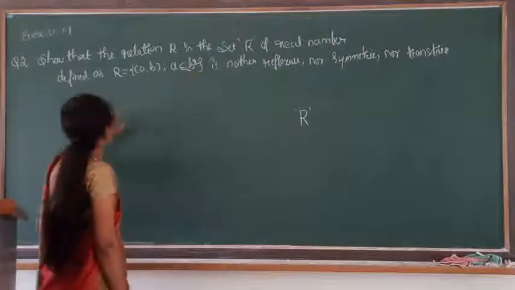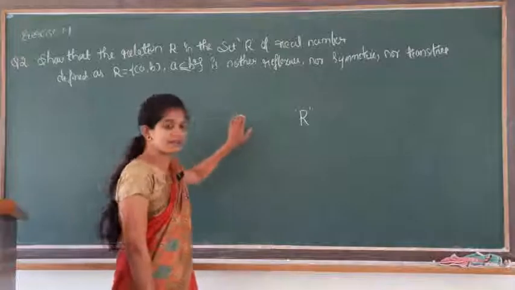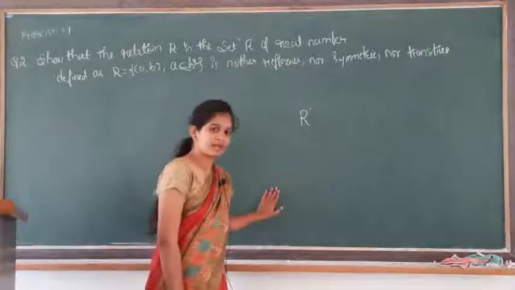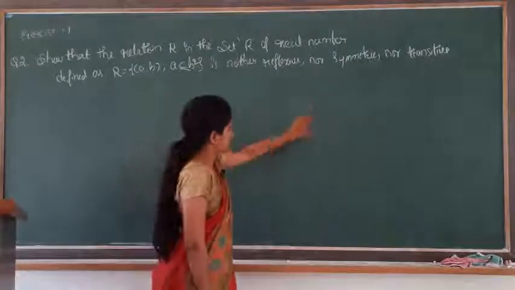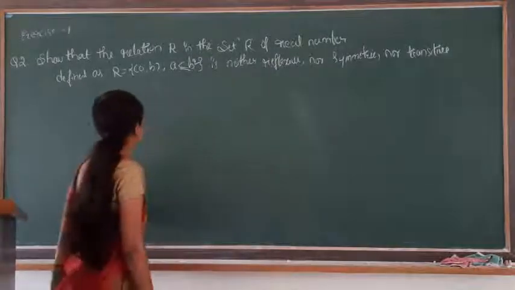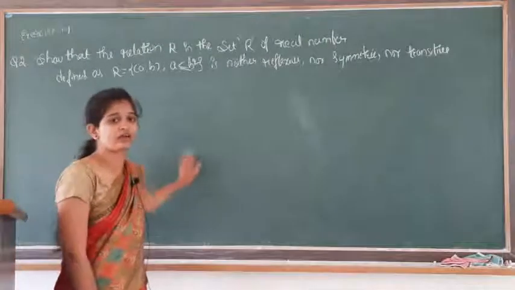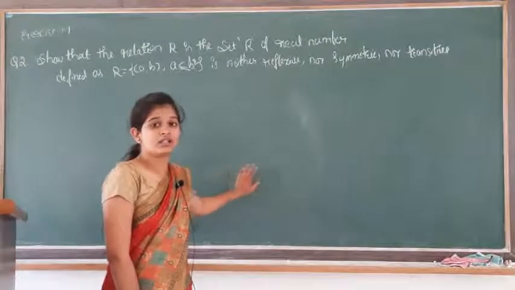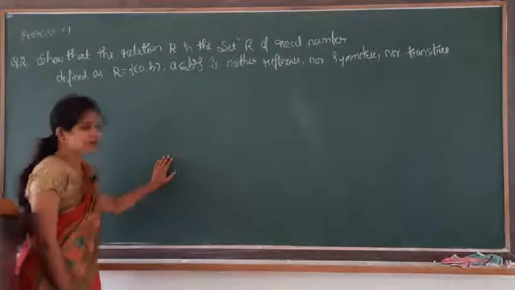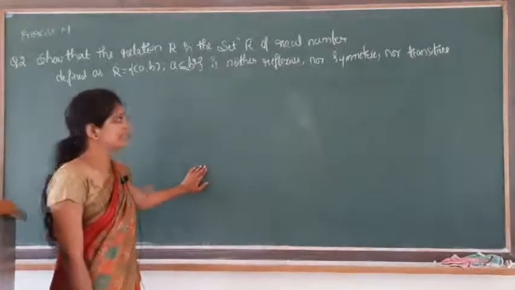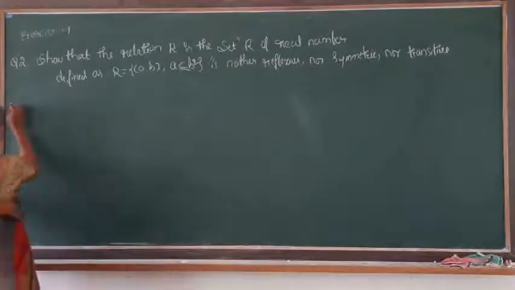Now we have to show that this given relation is not reflexive, not symmetric and not transitive. As you all know, if you need to show that a relation is not reflexive, not symmetric or not transitive, then giving one counter example is enough. Now the solution.